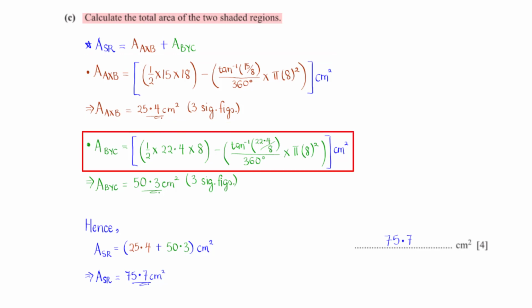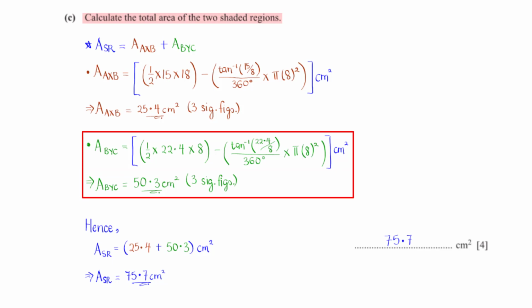To get the area of BYC, we subtract the area of sector BOY, which is tan inverse of 22.4 over 8 divided by 360 degrees times pi 8 squared, from the area of triangle BOC, which is half of 22.4 times 8.